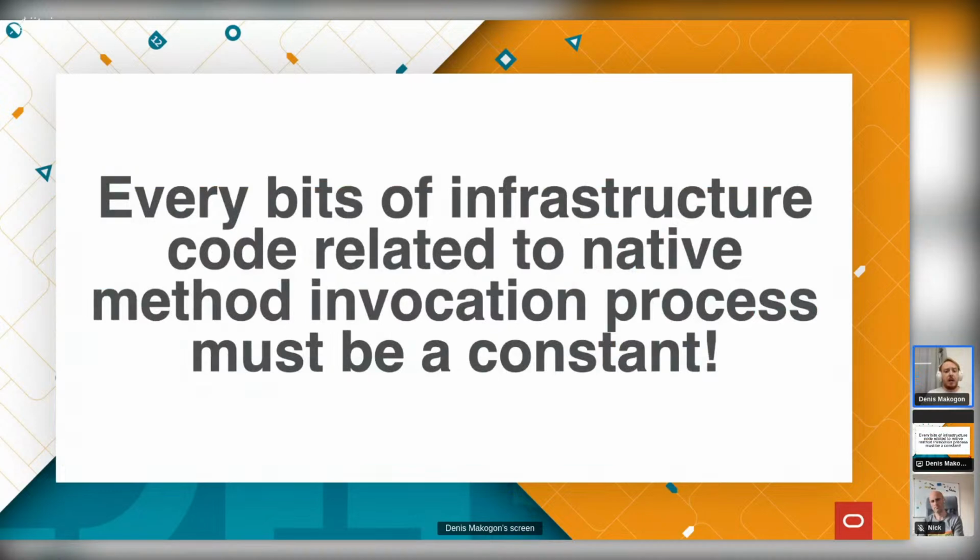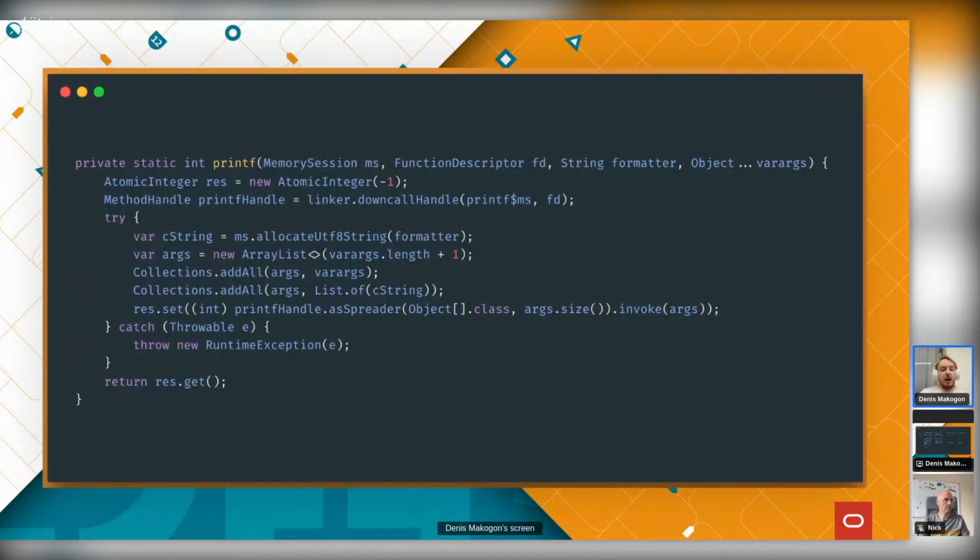But the most important thing is that the infrastructure code, consisting of method handles, linker and function descriptor, must be performance effective. Which means the linker, descriptor and method handle must be constant, so the JIT compiler can optimize that code as heavily as possible to make further native code execution cheap for the runtime.